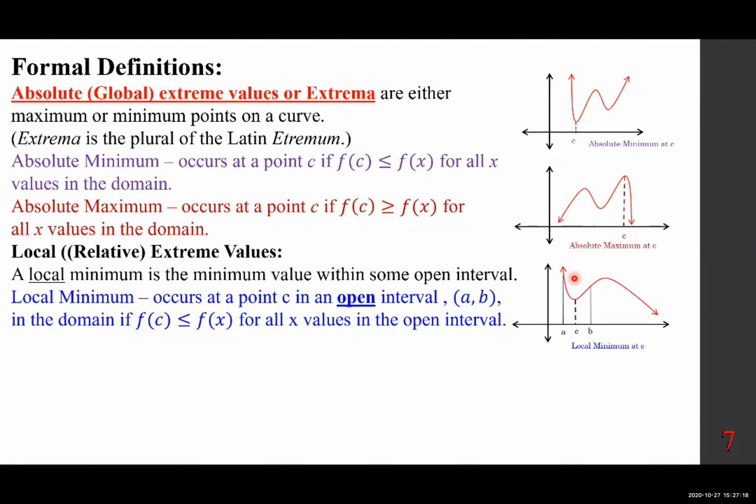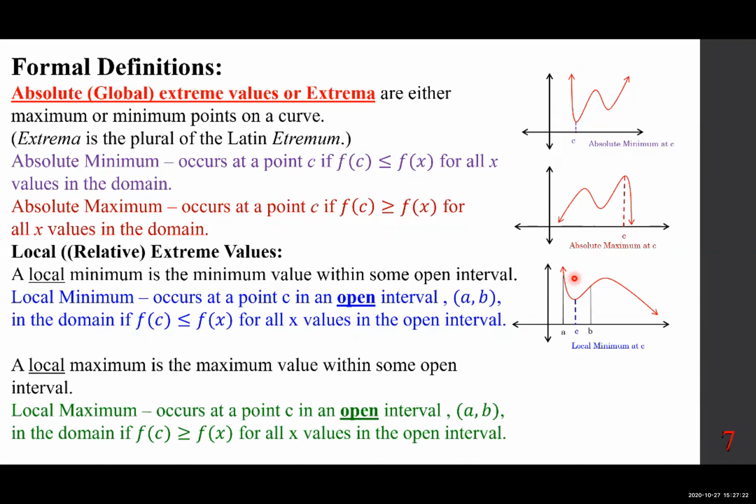And the definition for a local max is the same thing: the largest number within some open interval of a to b. So this point is a local min, and this point is a local max. I hope it's clear to everybody. It's fairly simple and straightforward. So those are the definitions of extrema.